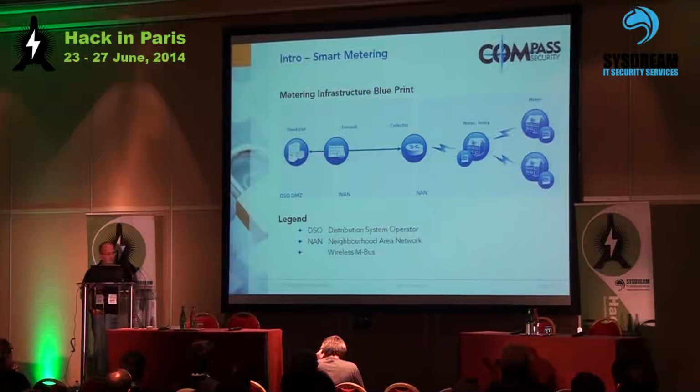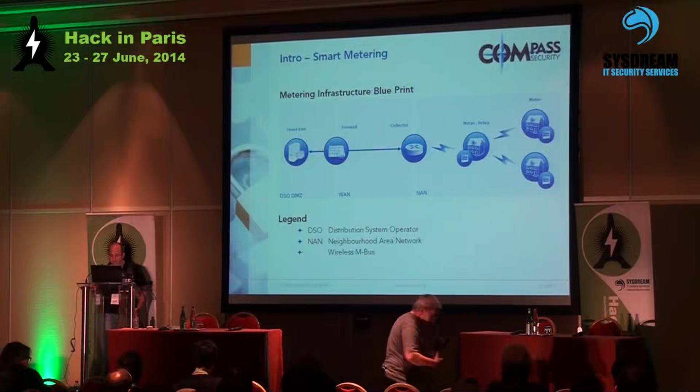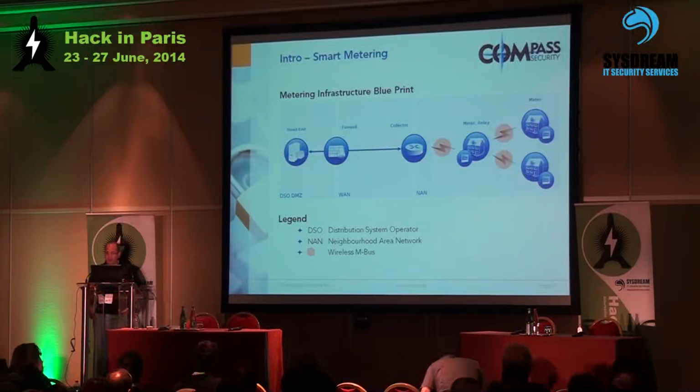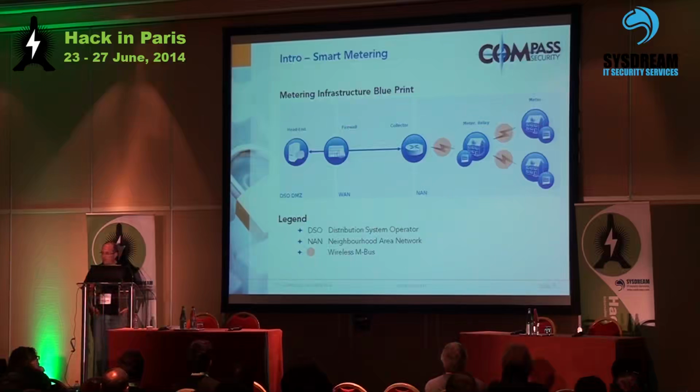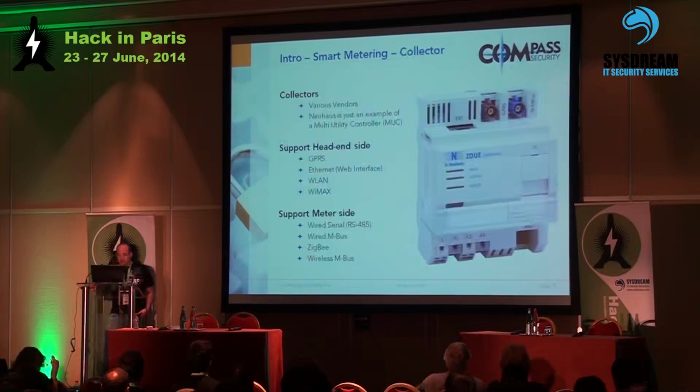If I talk about the collector, this is a picture of one. On the head end side, it's got the TCP/IP plug. This one also fits on a top-hat rail. So you could basically use it as an interface between the dumb meter and the head end.